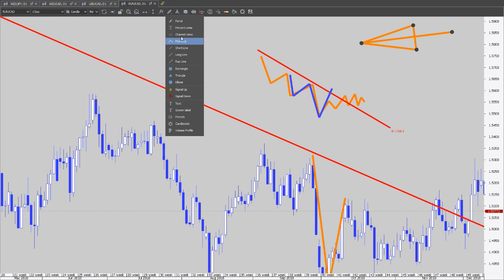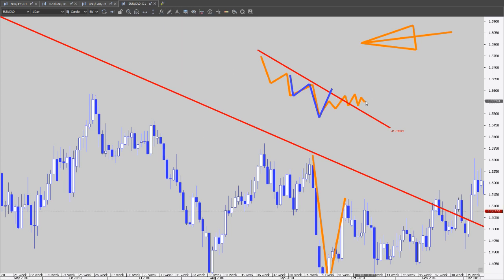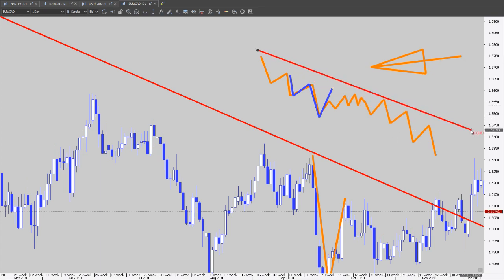Okay, sometimes the market just is going to switch channels, still in a downtrend. Okay, and you are going to lose unnecessary pips in here. The market just switched channels. This was the down channel first.